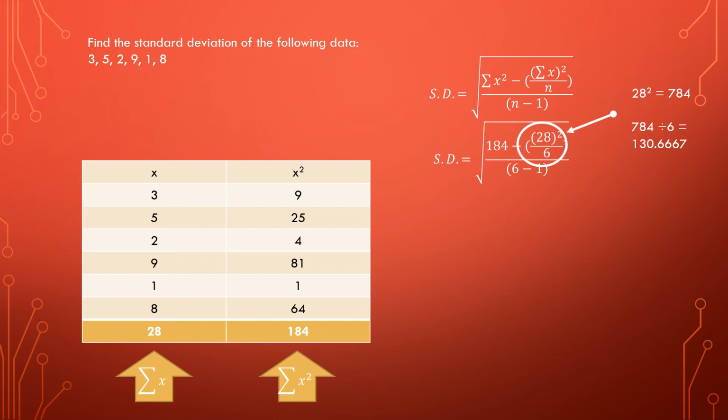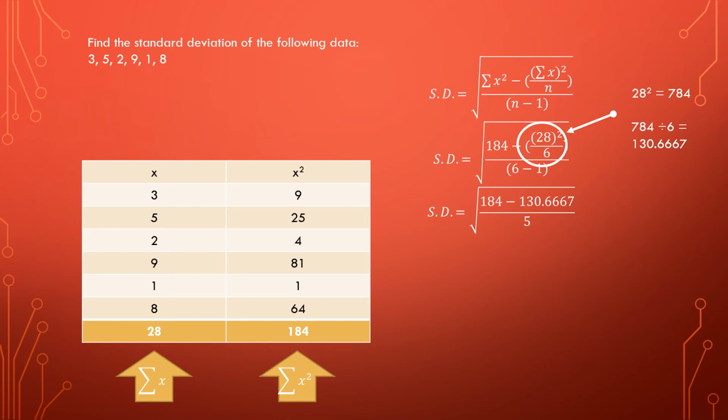So next thing I'm going to do is substitute that number in place of this horrible fraction. So I've actually got 184 minus 130.6667 divided by 5. Okay, and again, that number there, that 130.66, was subject to me rounding it. So try and be sensible when you're rounding it.